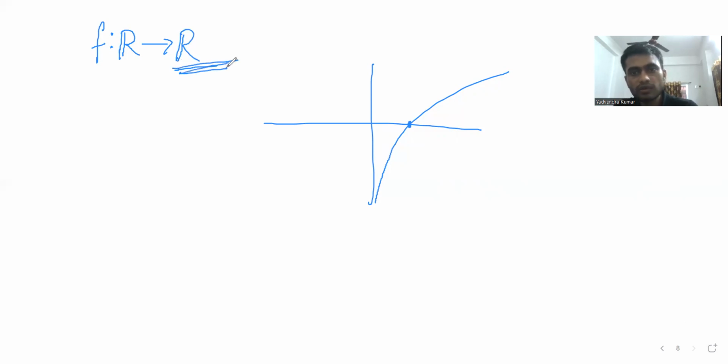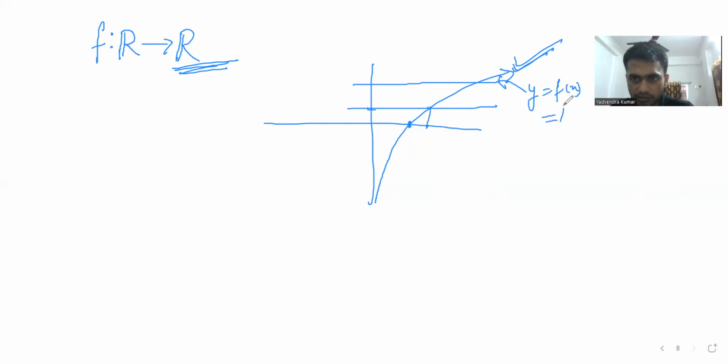So if codomain equals the range, what is the range? Here we can see the range is going to be the entire y-axis because for every y there is an x. We can go from here and we can see there is some x existing. So on the y-axis, everywhere this curve is existing, this is our function curve. So this is actually y equals f(x), and here our f(x) is ln x, right?